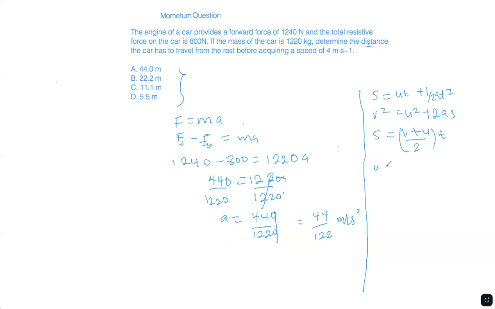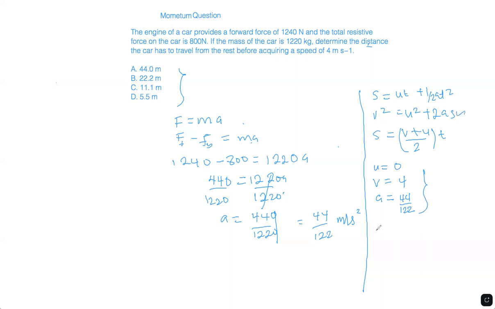That means initial velocity is 0, then final velocity is 4, and we have an acceleration of 44 over 122. And also we have the time? The time factor was also given to us? Let's see. They said a forward, a resistance, determine, okay, no time was given to us. So which one are we to use in this formula?